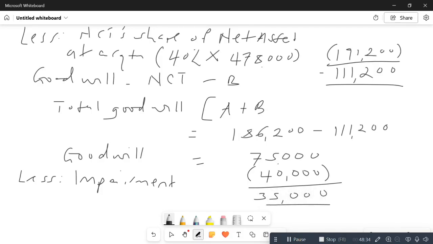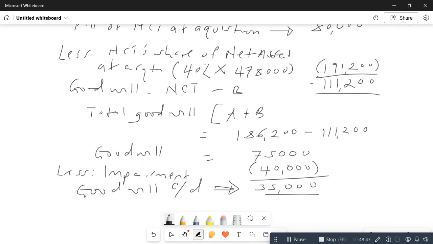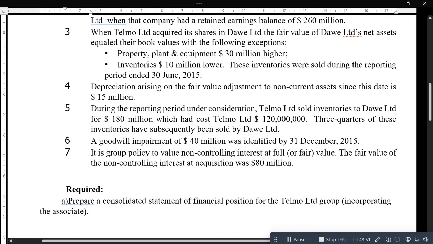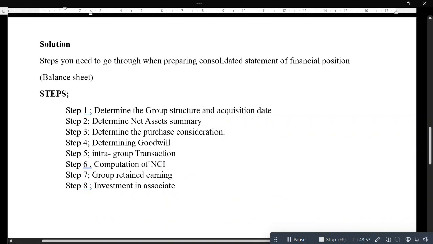And this is the goodwill we shall take to our balance sheet as goodwill carried down as we are consolidating. Good. I hope step 4 for determining goodwill is also finished.